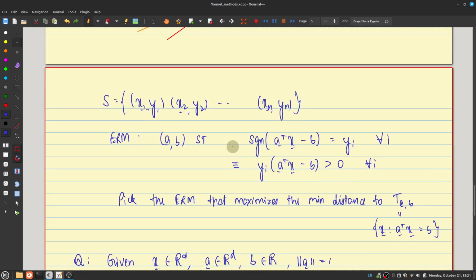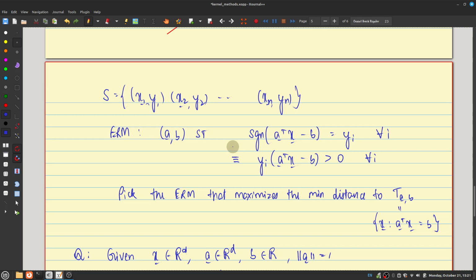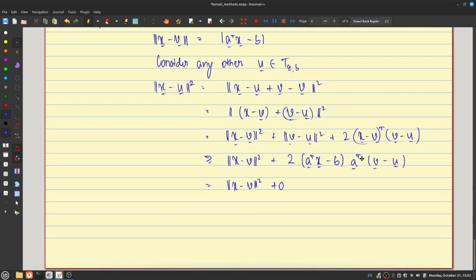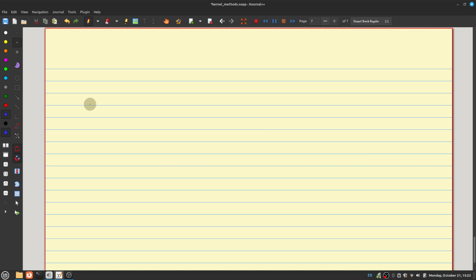So now let's go back to the problem of designing our hyperplane classifier or linear classifier. The goal is to maximize the minimum distance to the hyperplane. So back to the problem.